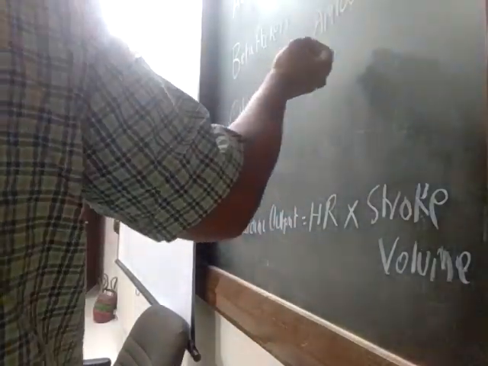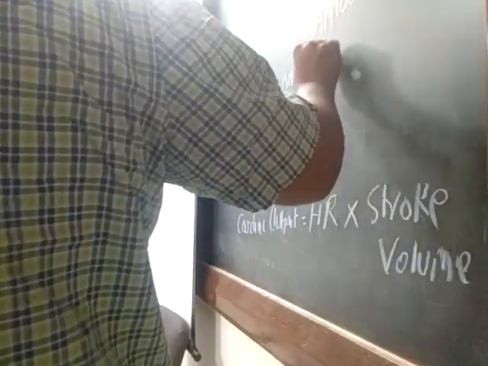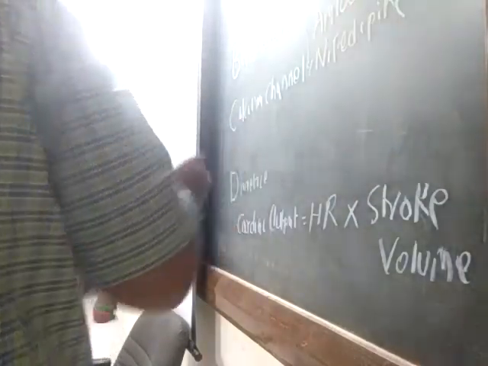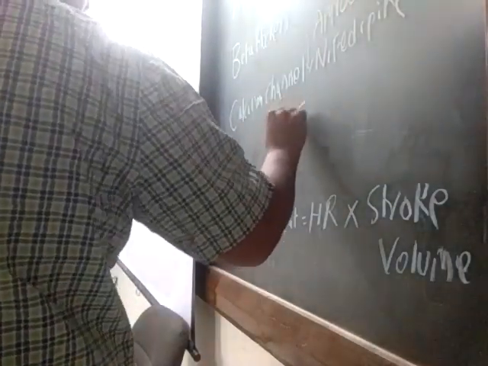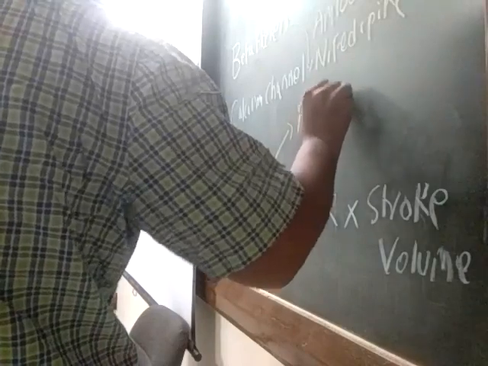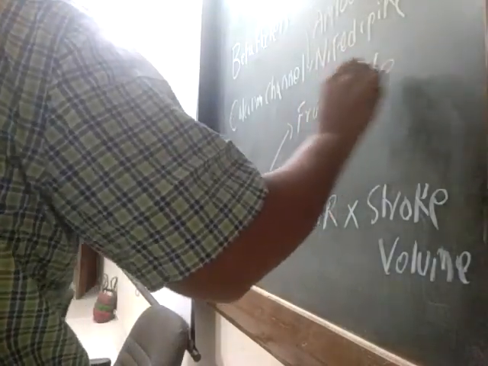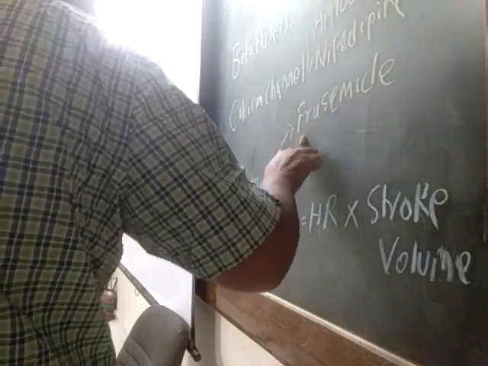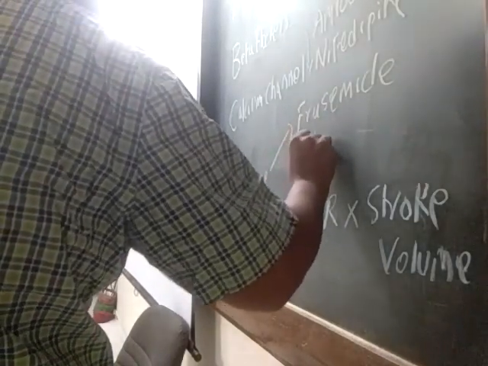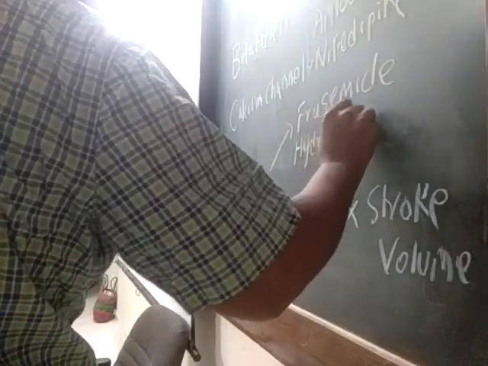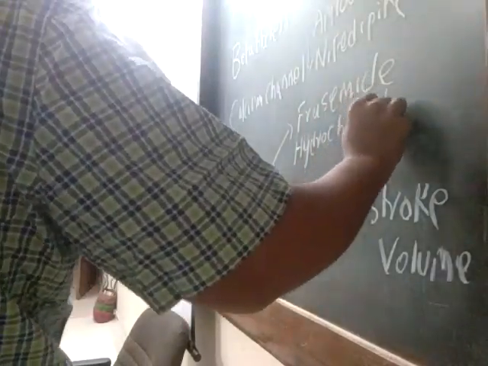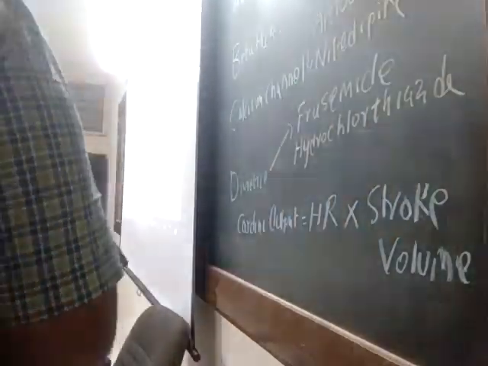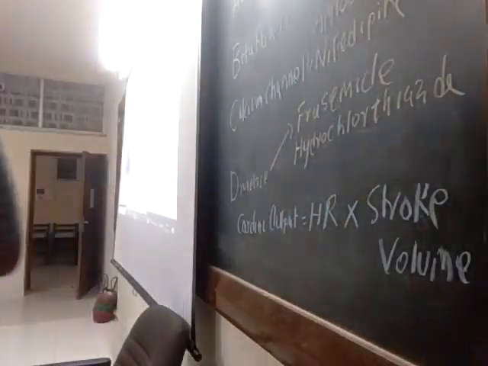You will come across amlodipine, nifedipine, and diuretics. You can come across furosemide, hydrochlorothiazide. So these are all the commonly used blood pressure tablets.